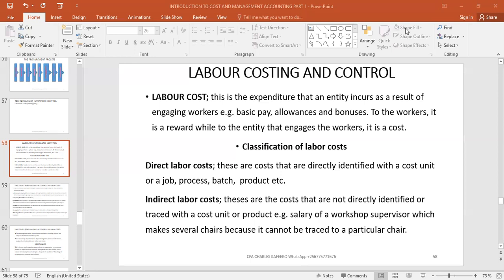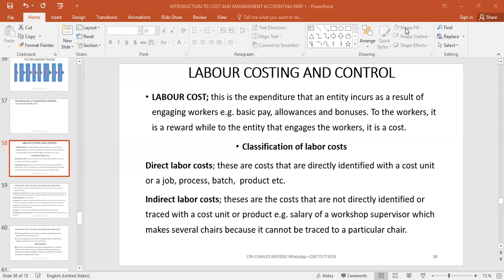And these may include the salaries that we are paying to, let's say for a carpentry workshop, the salary we pay for the workshop supervisor is an indirect expense, because that supervisor is not directly involved in the production of the output.